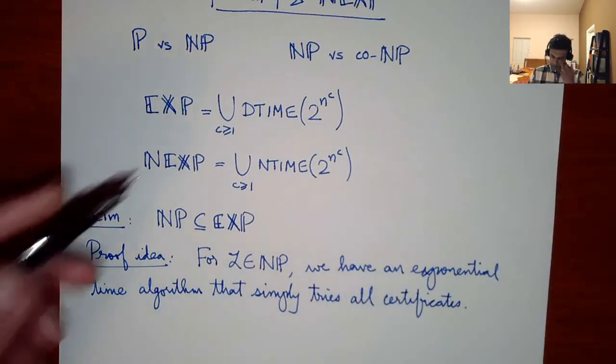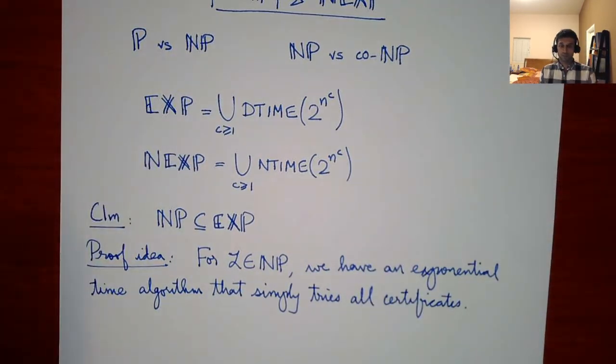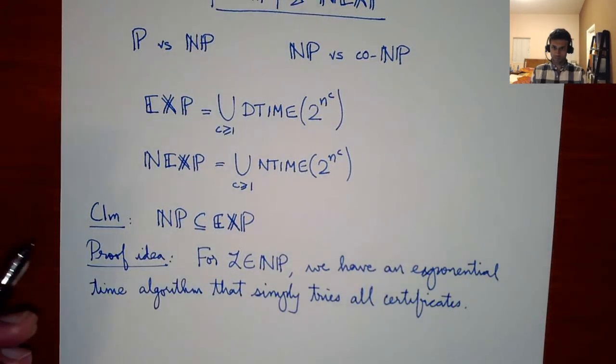Right? And this would give an exponential time algorithm. Or you can think of it as simulating all non-deterministic paths. Okay, so therefore NP is in EXP.